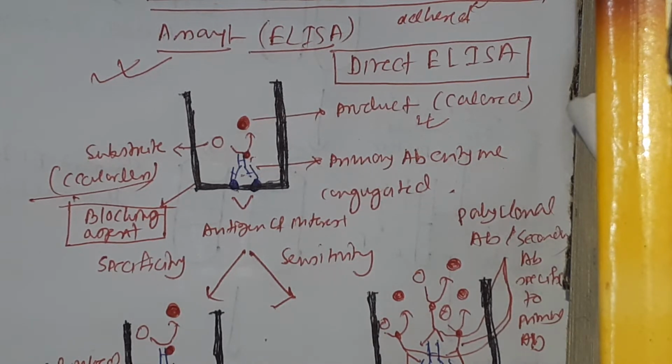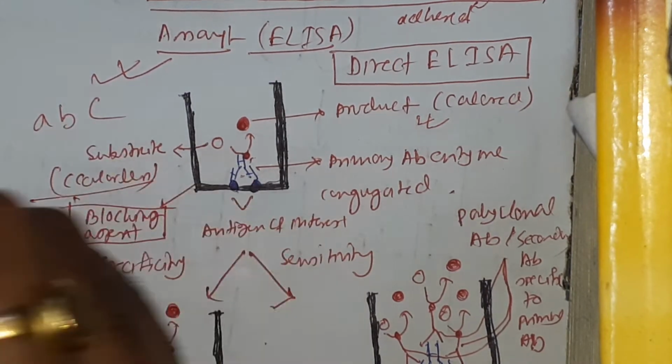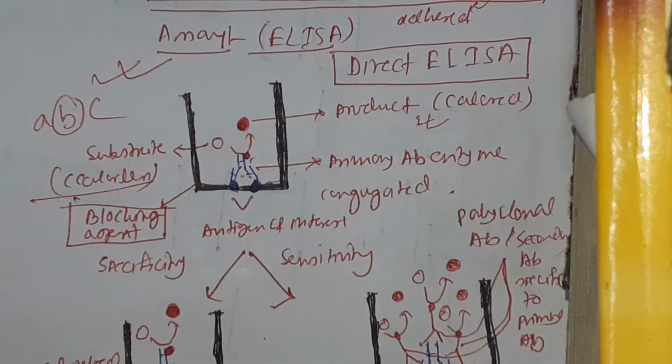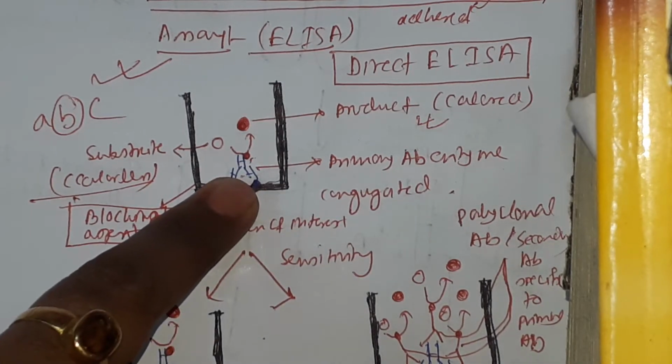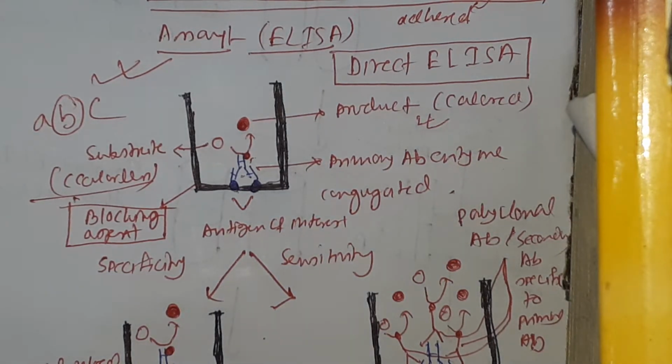And remember that, now think, if we are going to consider a very complex sample where there are multiple antigens and we need to find out one. Suppose there are three types of antigen A, B, C, and we need to find out B. It becomes difficult for a primary antibody conjugated with enzyme to find out B specifically and with great intensity, right?